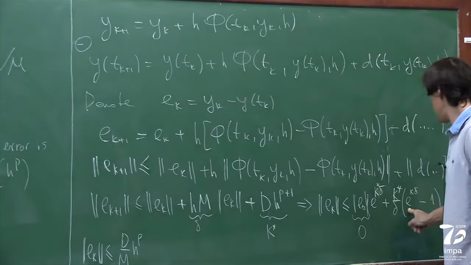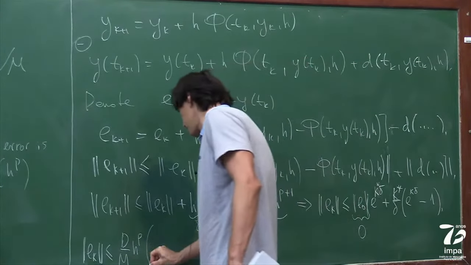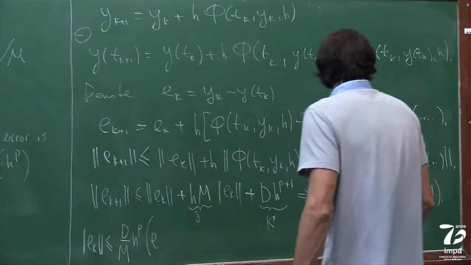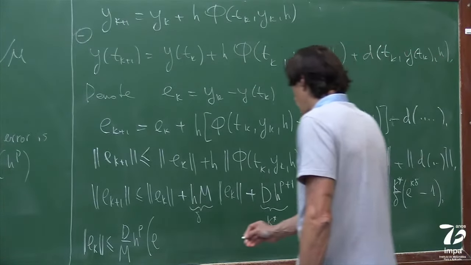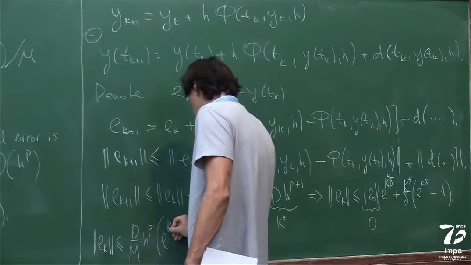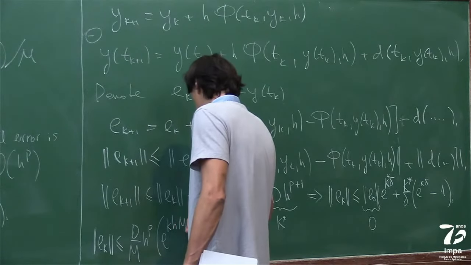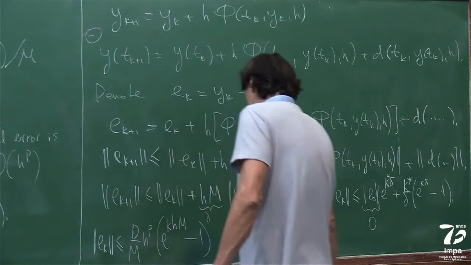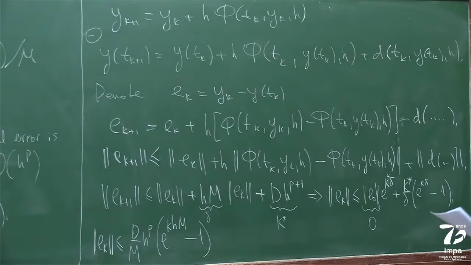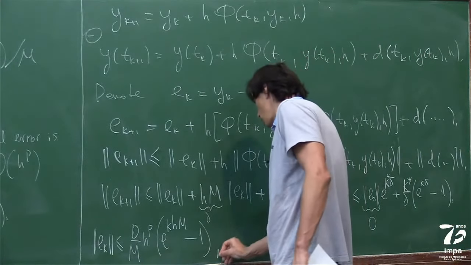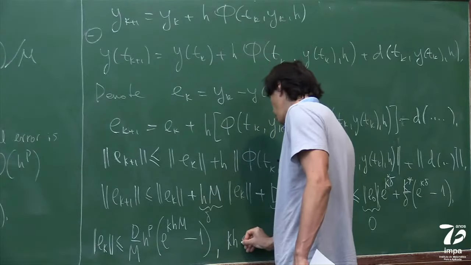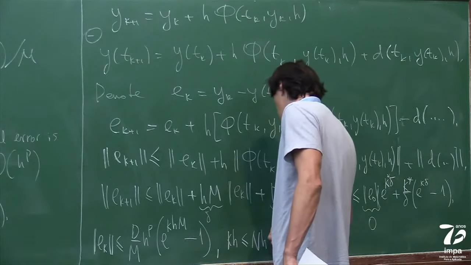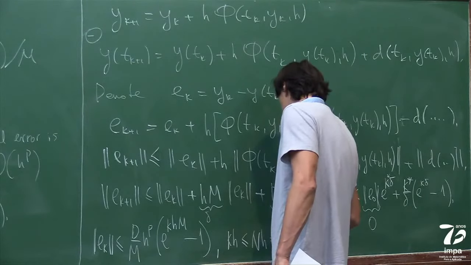And then there will be this exponent k delta. k delta is k h M, minus 1. Good. So now remember that k h is smaller or equal than n h, and this is b minus a.